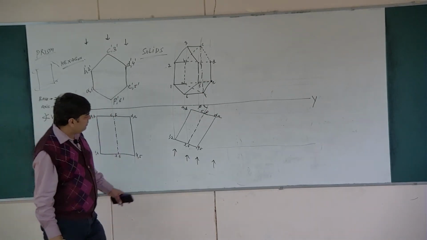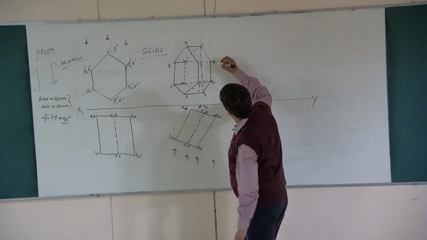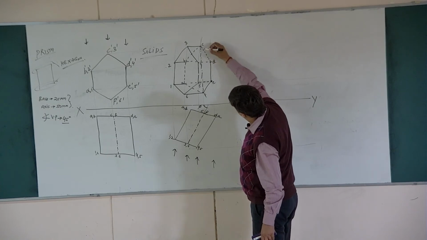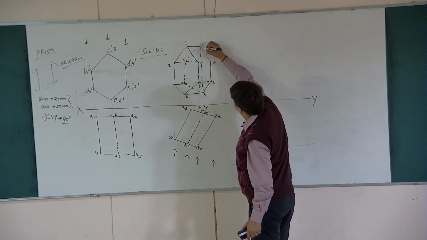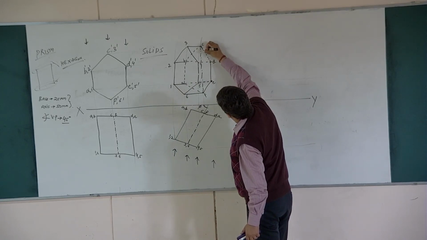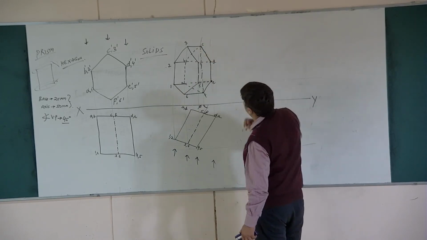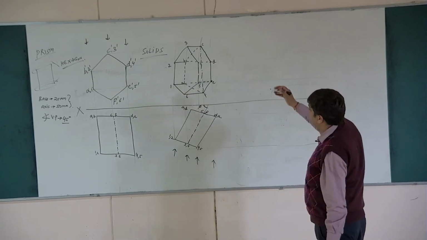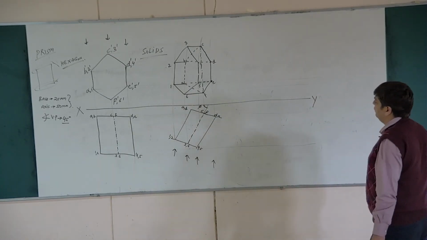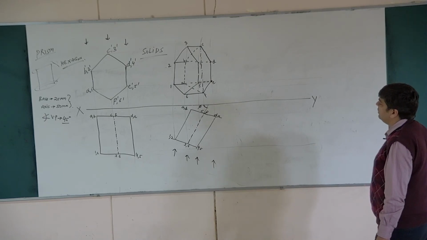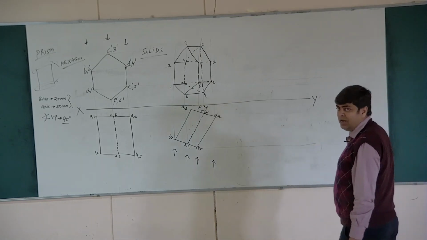C to D should be hidden, but since it is the outer periphery, you are closing the solid, so let us do it as continuous. So when you draw to the scale, you will get a figure like this. By this you should now be in a position to understand the concept of continuous and hidden.